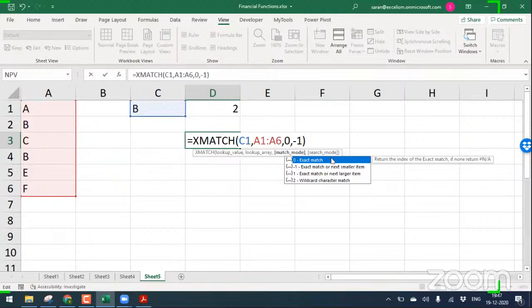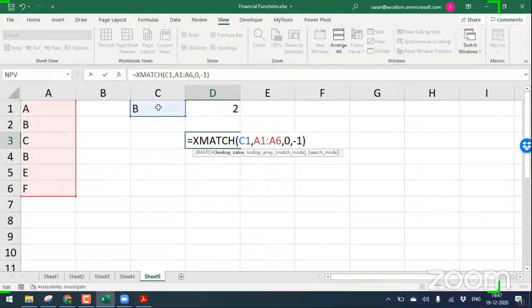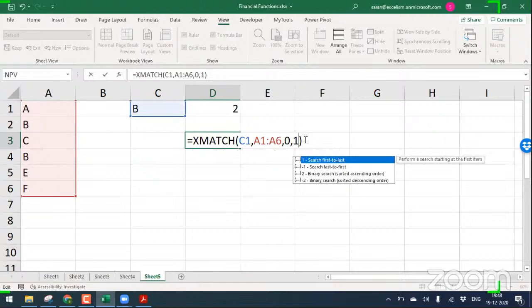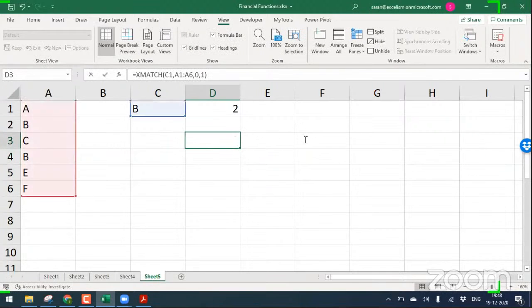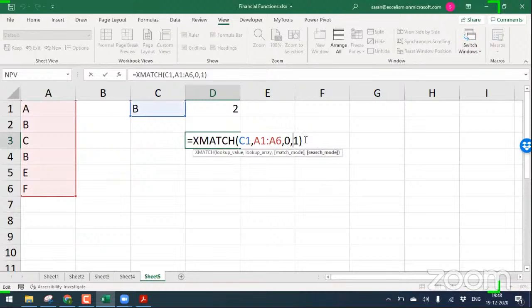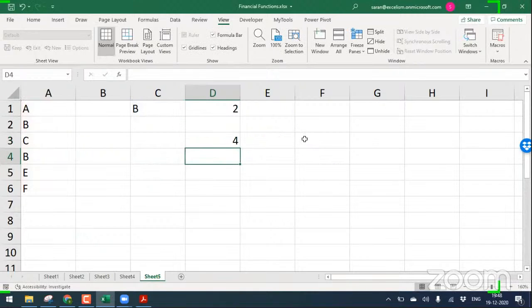So I have used exact match. Then I'm trying to look up this value's position out of this range, and I want to get the position of this value in this range. By default, your answer is 2, because by default it starts from the top. But when I search from the bottom, the position of B should not be 4, right?